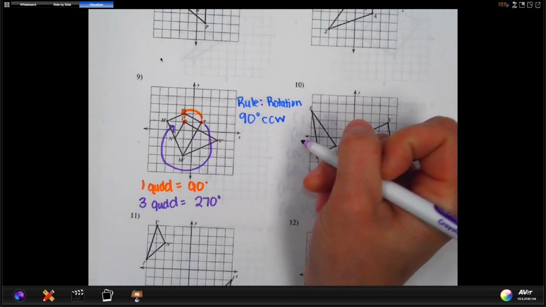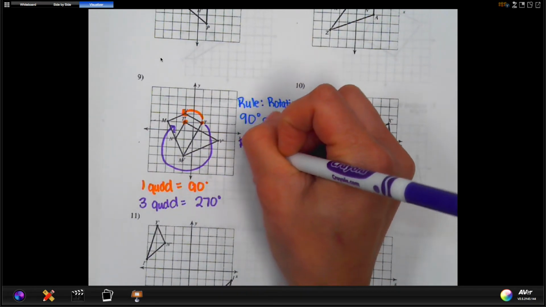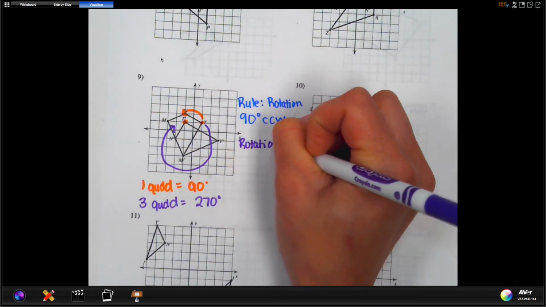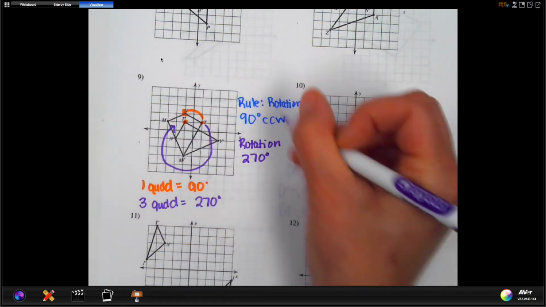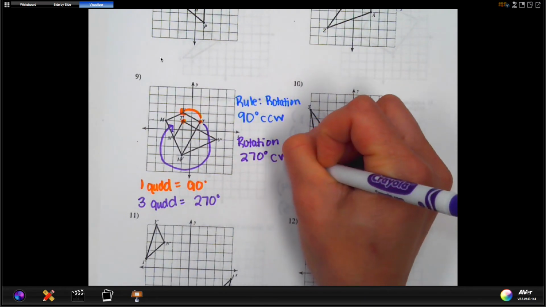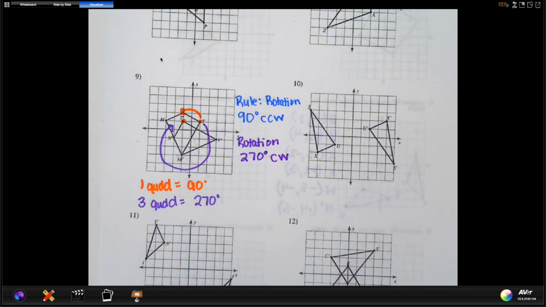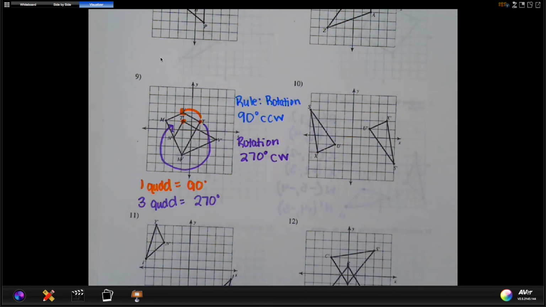So my other answer would be a rotation of 270 degrees, but this time it's going with the clock, and so that would be clockwise. So 2 answers for all of these actually. Even if it's 180, you have to say 180 degrees clockwise and 180 degrees counterclockwise.